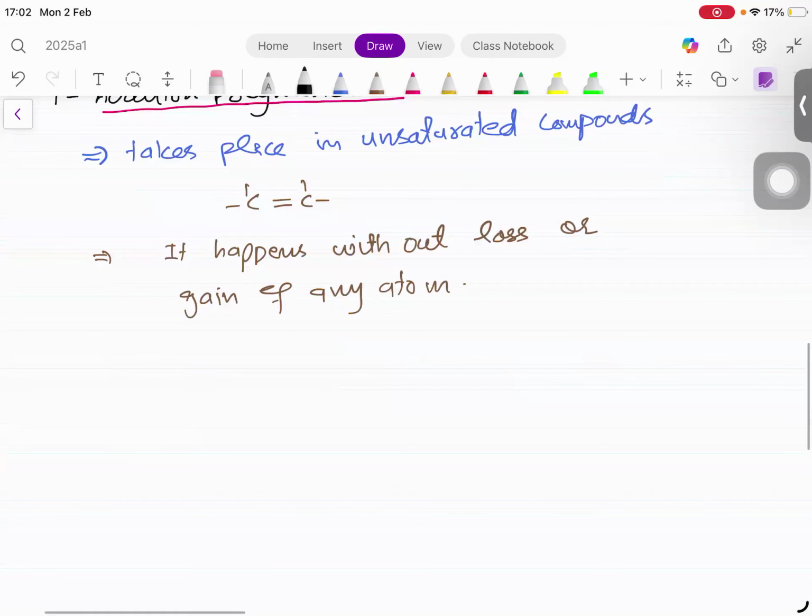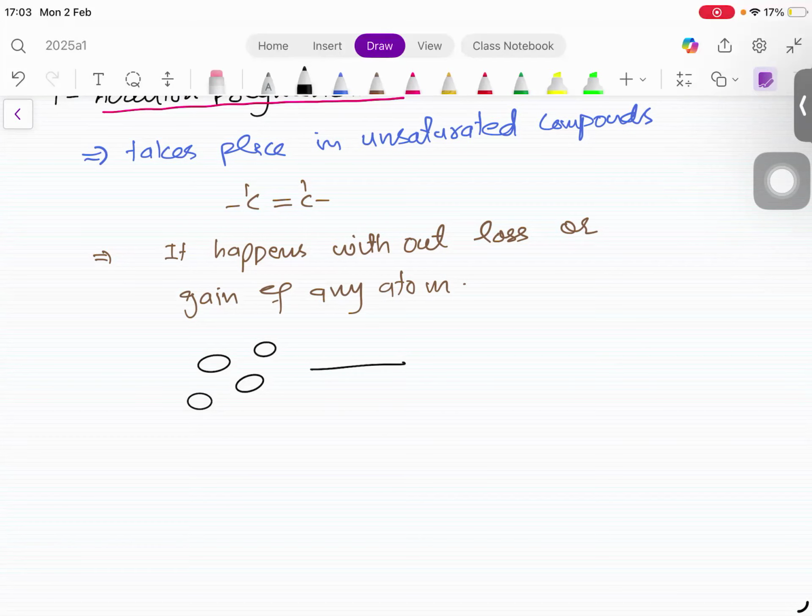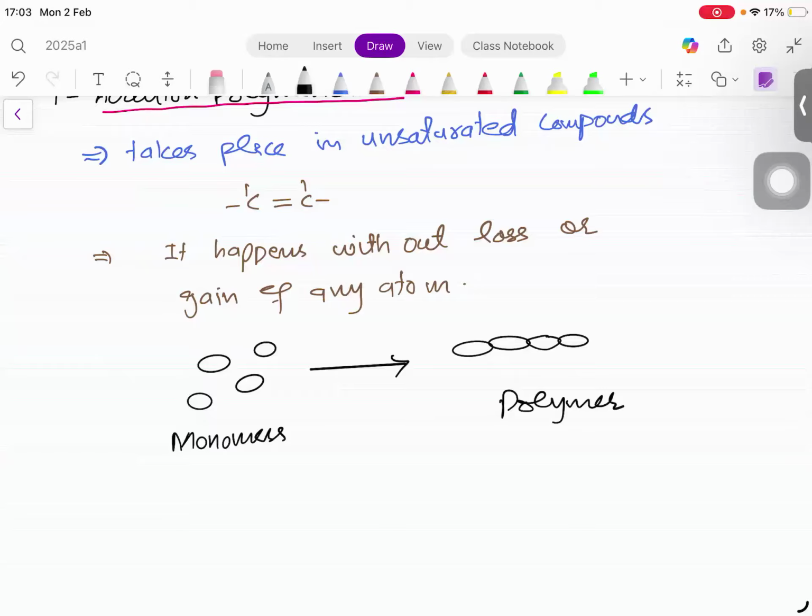Listen, for example, we have three or four molecules of any compound in a beaker. We just put a glue inside, and as a result of that glue, these four molecules join like this, right? Here they were called what? Monomers. Here they are called what? Polymers. So that's the simplest way of doing it.